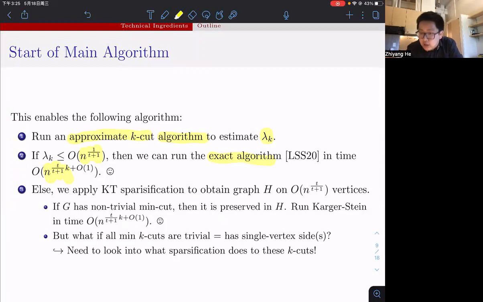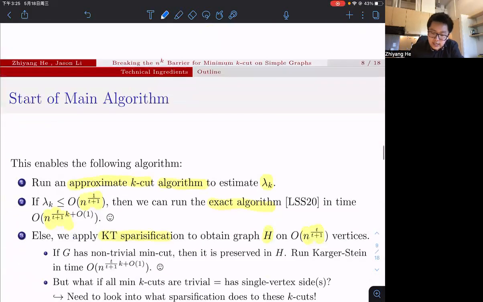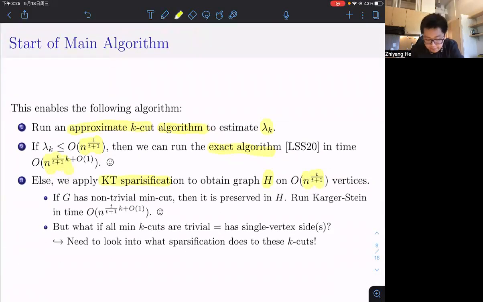If lambda_K is large, then we can apply the KT sparsification procedure and get the graph H on n to the T over T plus 1 vertices, because recall earlier, H has n over lambda_K vertices. So in particular, when lambda_K is large, the resulting graph we get is much smaller, which is great because now we can apply some well-known results like Karger-Stein.